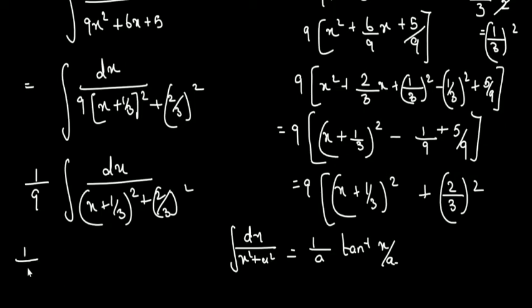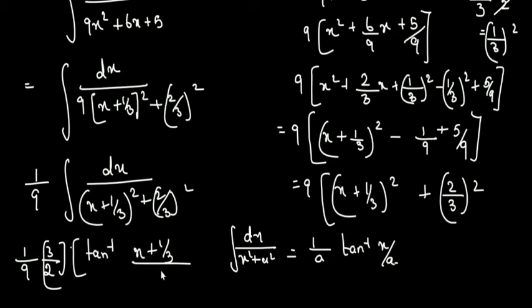So this is 1 by 9, and here a square is 2 by 3 the whole square, so a is 2 by 3. 1 by 2 by 3 means the reciprocal, which becomes 3 by 2. So it is 1 by 9 into 3 by 2 tan inverse of x plus 1 by 3 divided by 2 by 3.